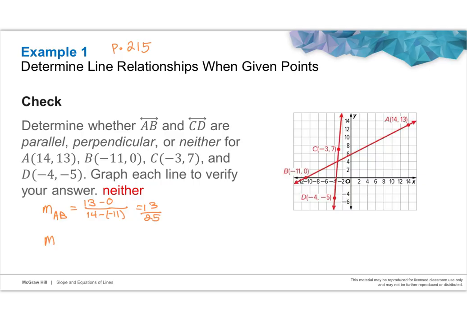Compare that to the slope of CD, where our change in y is 7 minus -5 all over -3 minus -4. And so we have 12 over 1, and those two slopes are not equal, so we know they are not parallel.